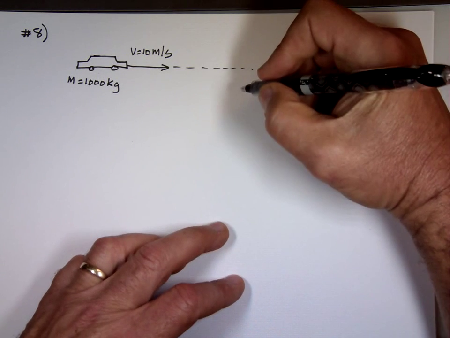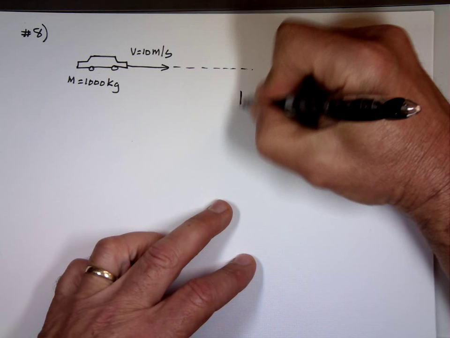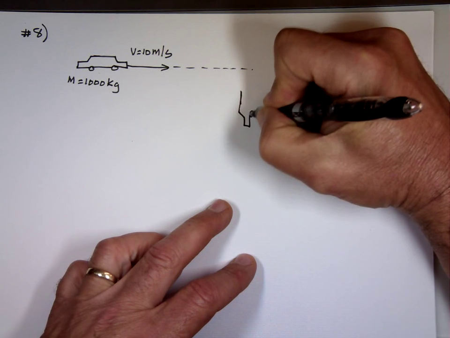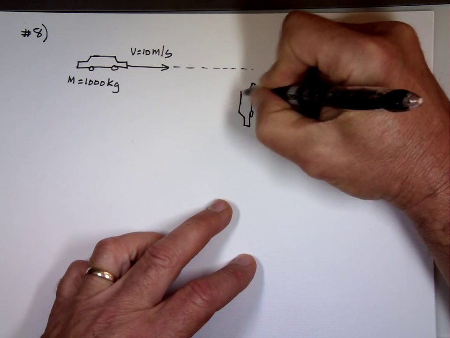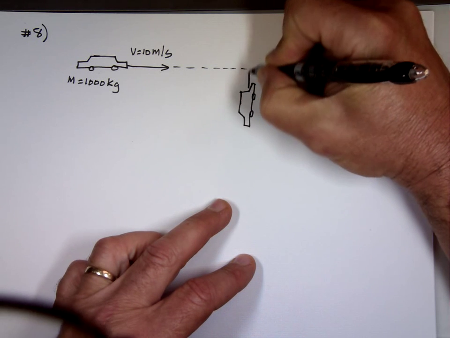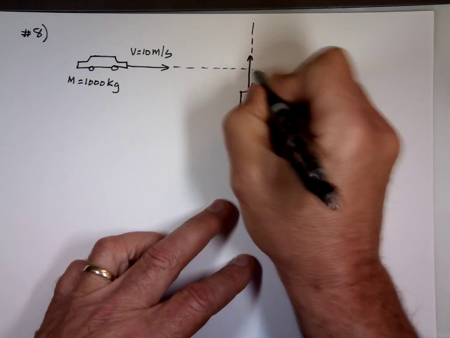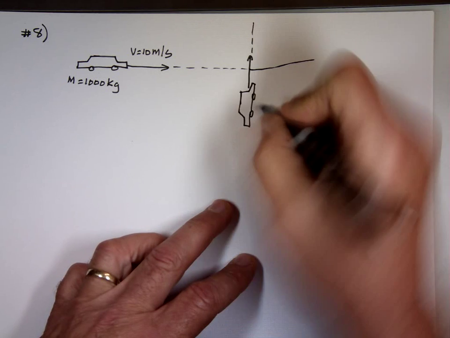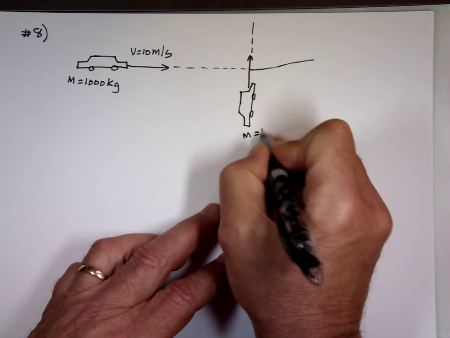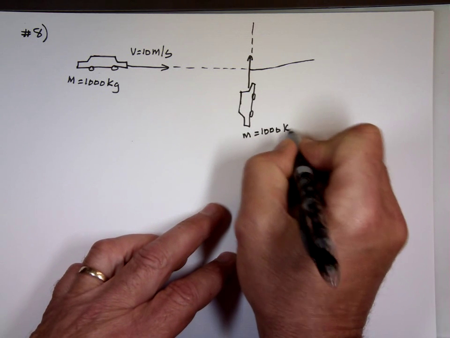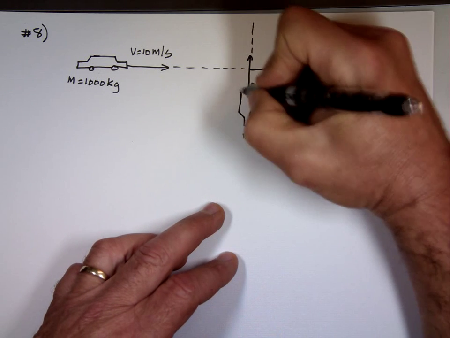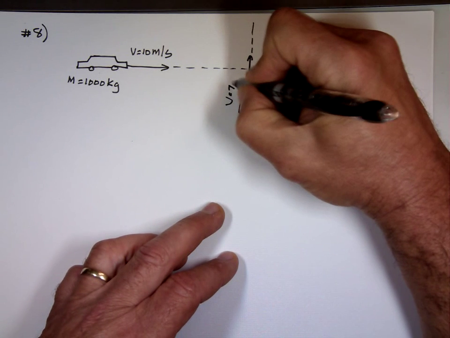We have another car moving in that direction. This also has a mass of 1,000 kilograms, and a velocity of 7 meters per second.